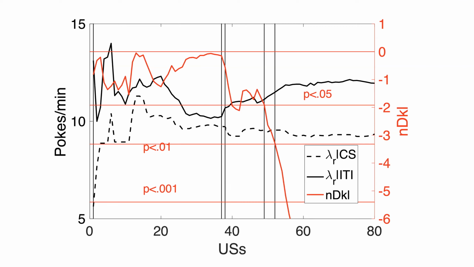In fact, you're getting different increments in these durations than in these, right? Because these are incrementing from the intertrial intervals, which are exponentially distributed, and these are incrementing from the fixed duration. All of that's interacting to determine the rates and then to determine the NDKL.